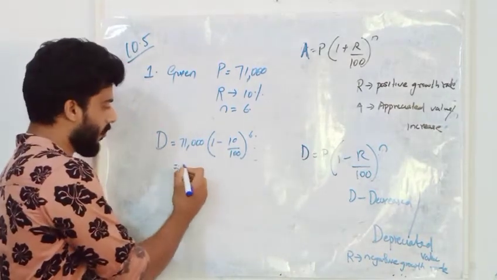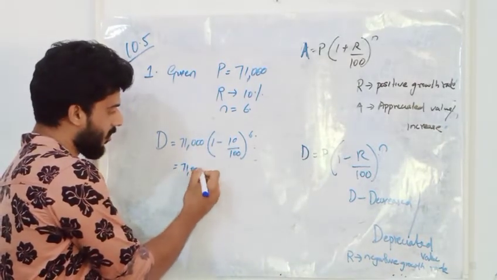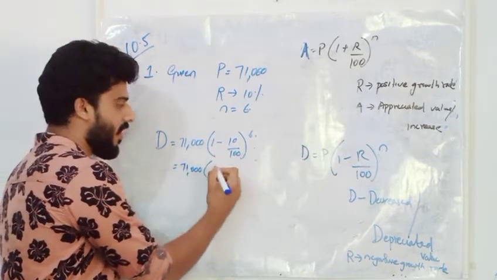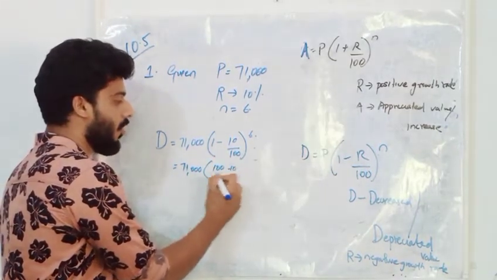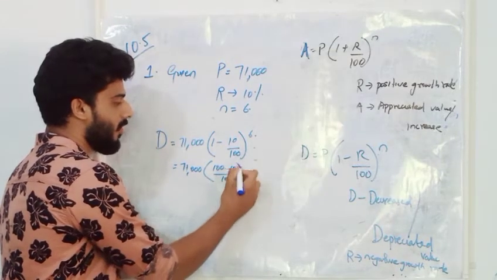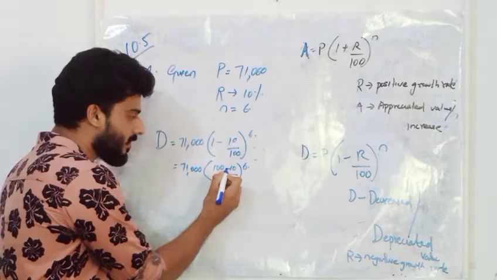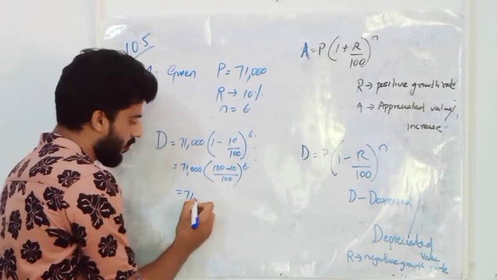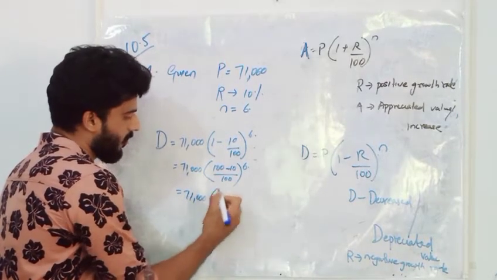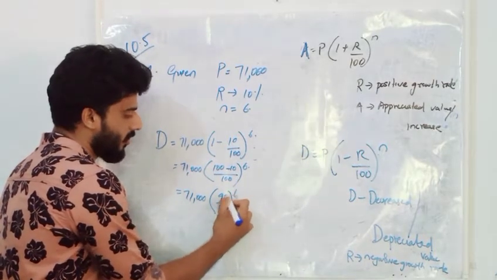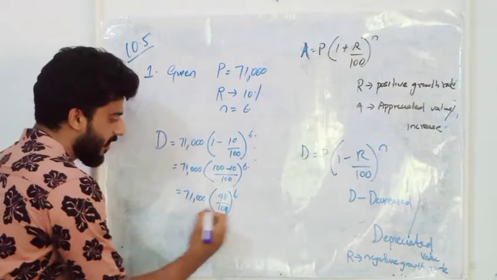Our equation will be 71,000 into, cross multiplying, 100 minus 10 divided by the denominator 100, whole raised to 6. 100 minus 10 is 90, so 71,000 into 90 by 100 whole raised to 6. Here 0 and 0 get cancelled. 9 by 10 is 0.9.